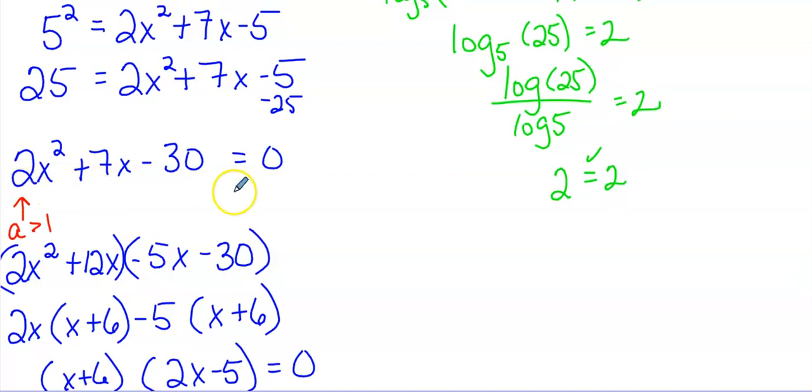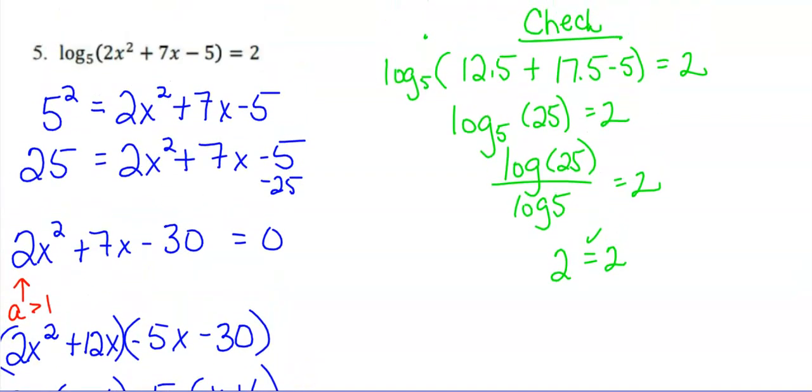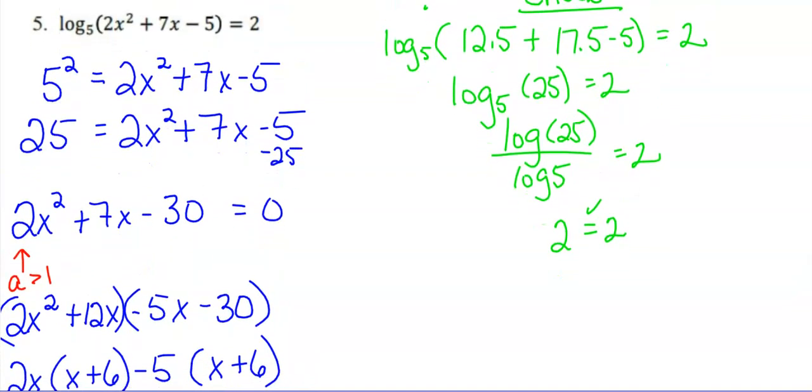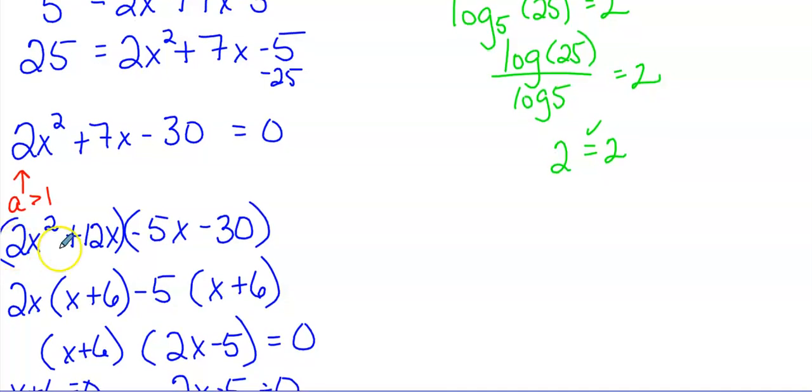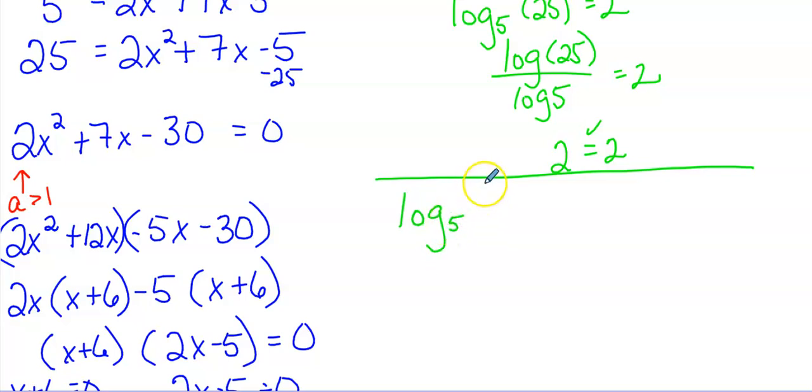Let's check the -6. So this is not a base of -6. This is just plugging in -6 to this part. So it could work. We shouldn't get an error. Let's see if it works out. So 2 times -6 squared is 72.